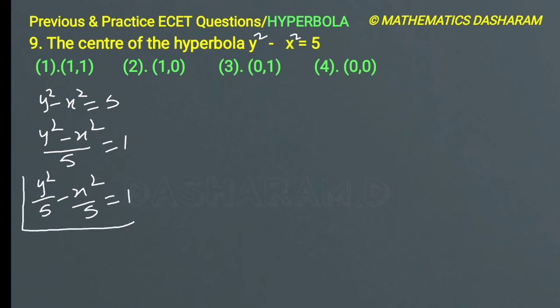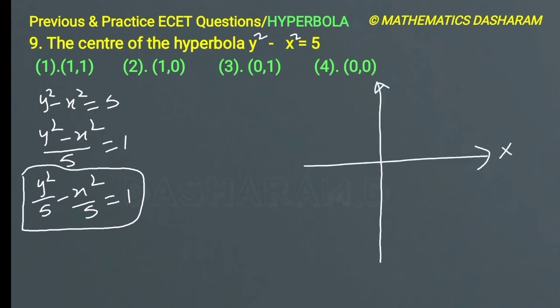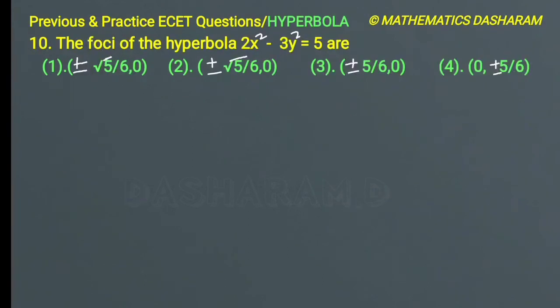So it is a conjugate hyperbola. For this conjugate hyperbola, the center means the origin of the x-axis and y-axis, that is (0, 0). Option 4 is correct.